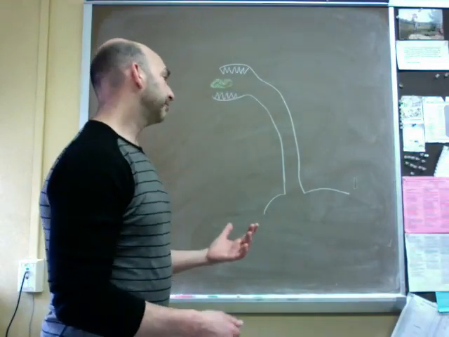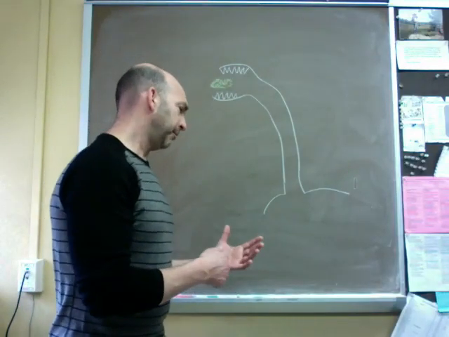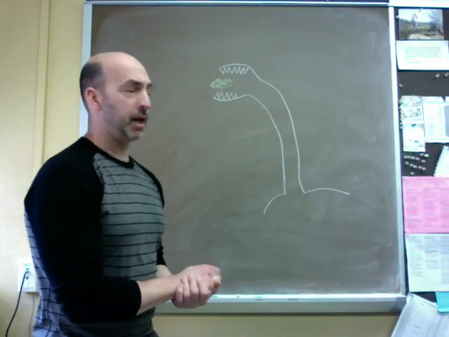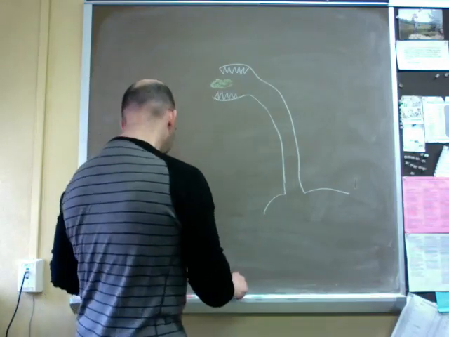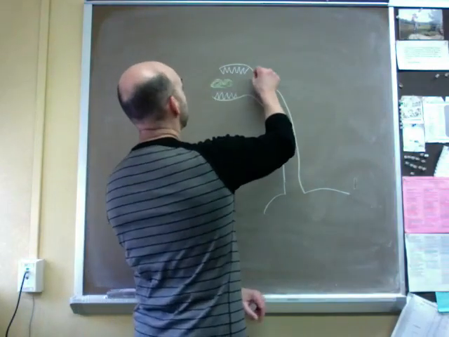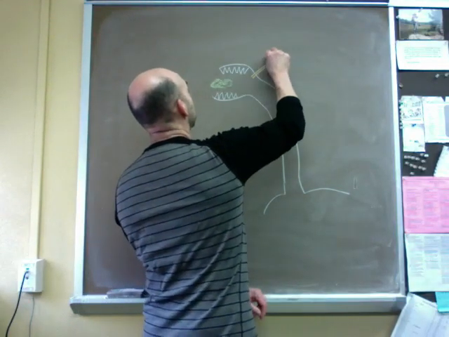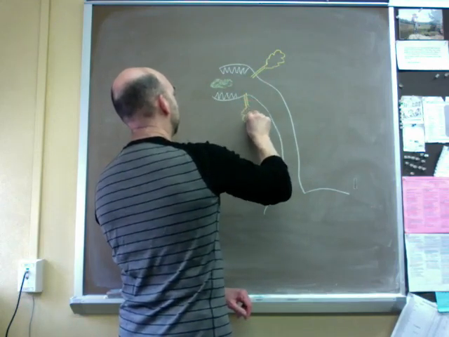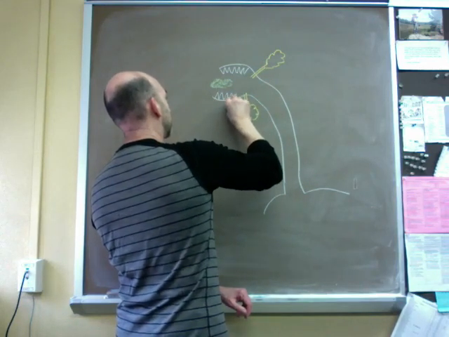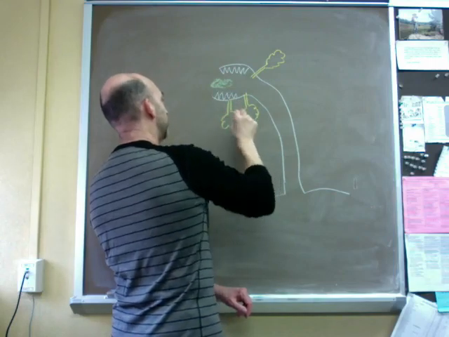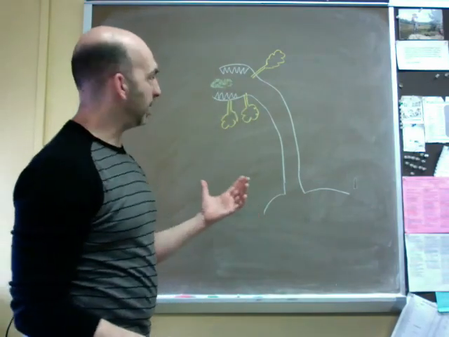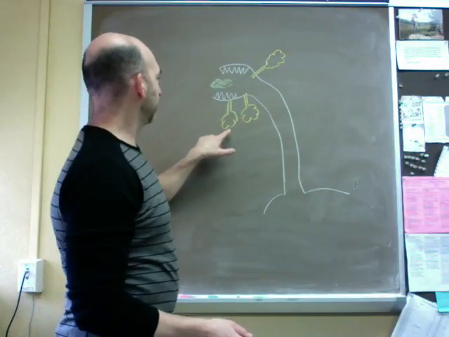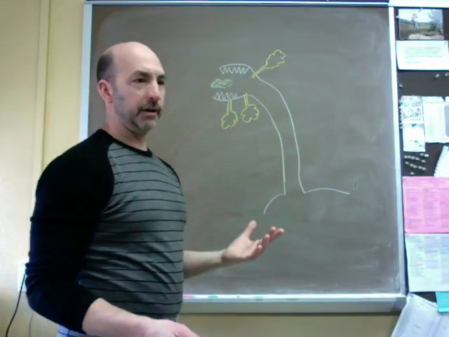The other process associated with the oral cavity is a secretion known as saliva. And saliva comes from a series of salivary glands indicated by these ducted glandular structures. In humans they're broken up into the parotid, the submandibular, and the sublingual salivary glands.